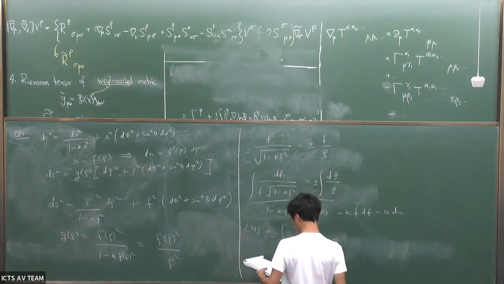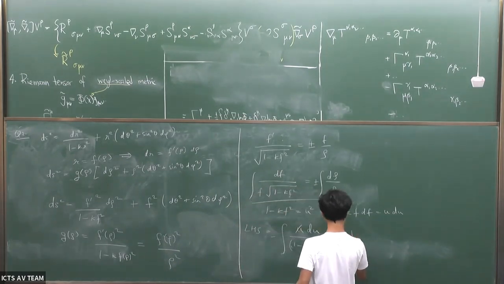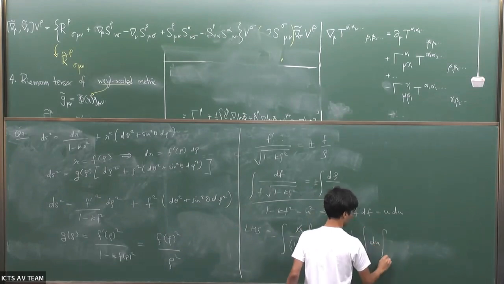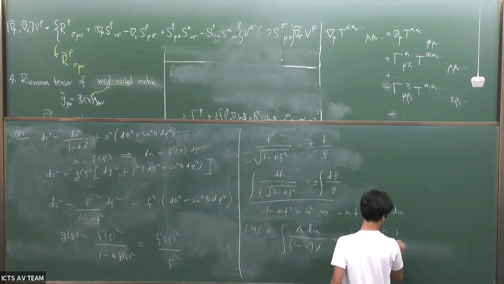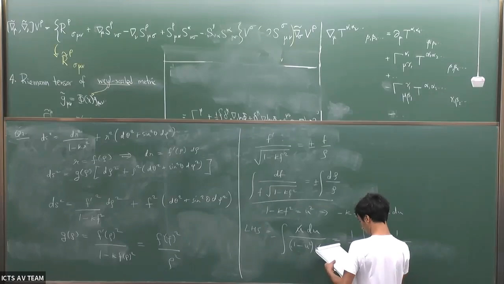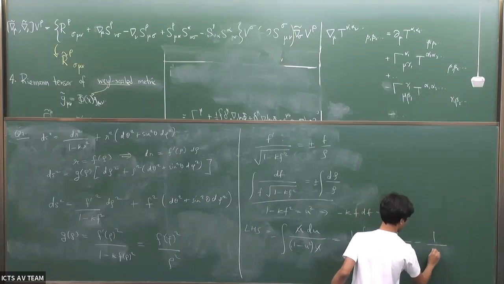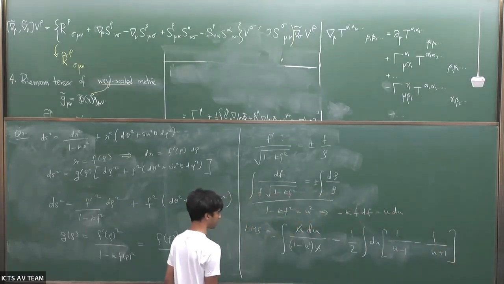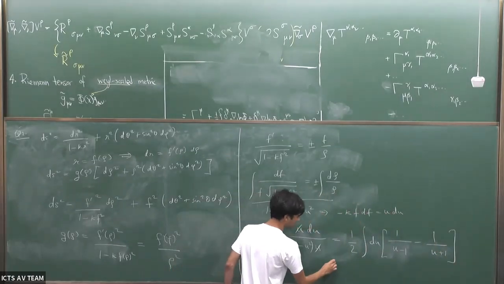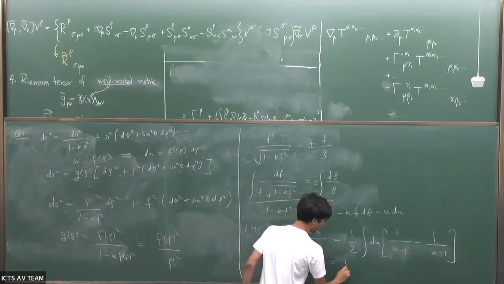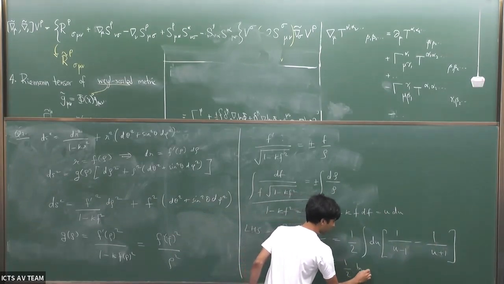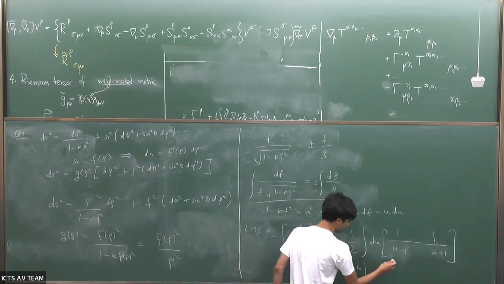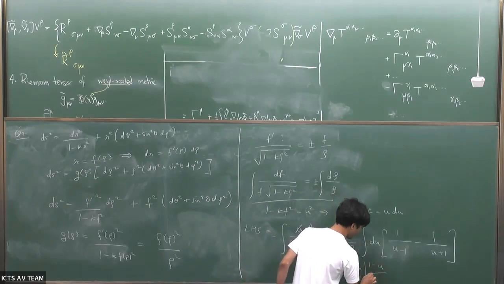So this is just half the integral of du times 1 over u − 1 minus 1 over u + 1. And this is just half log of (1 − u) over (1 + u).